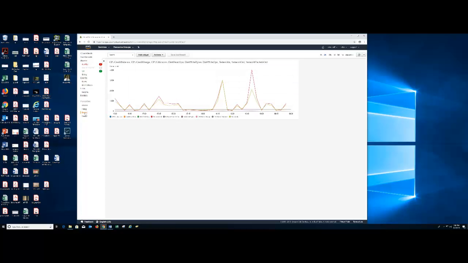Now let's look at the main dashboard, which gives us CPU usage. It gives you basic statistics for credit balance, credit usage, utilization, disk read operations, disk write operations, network in, network out, and network packets out.